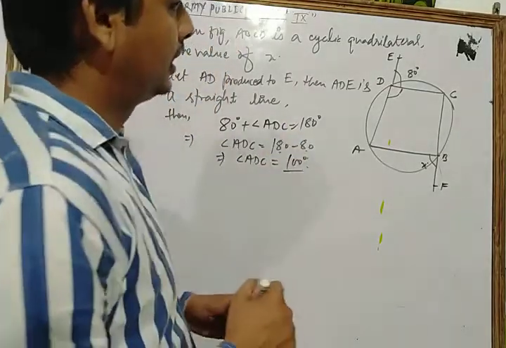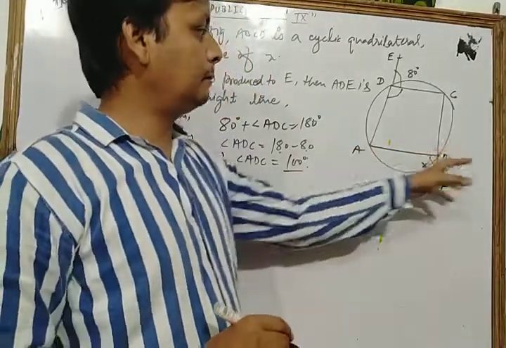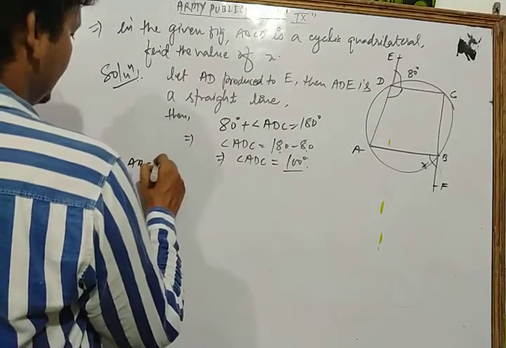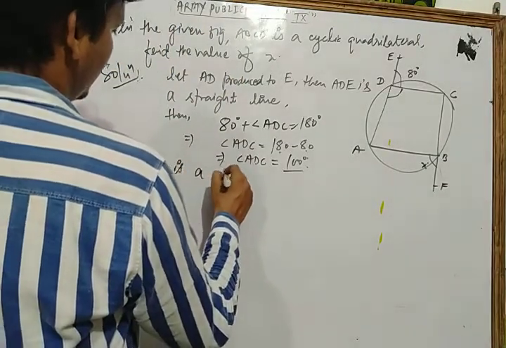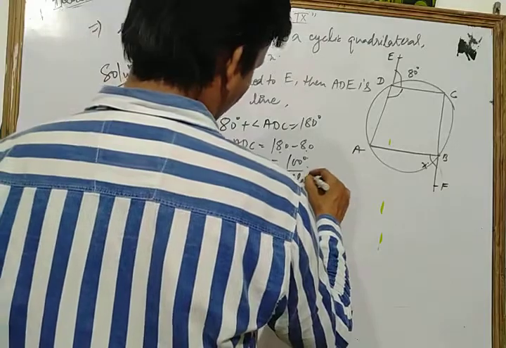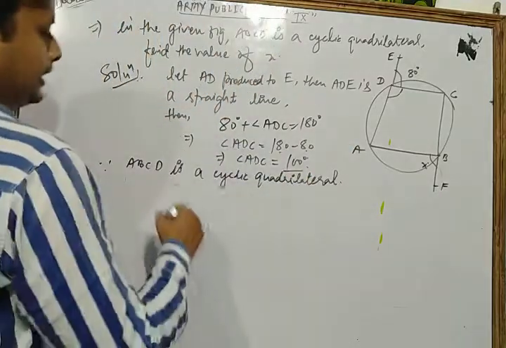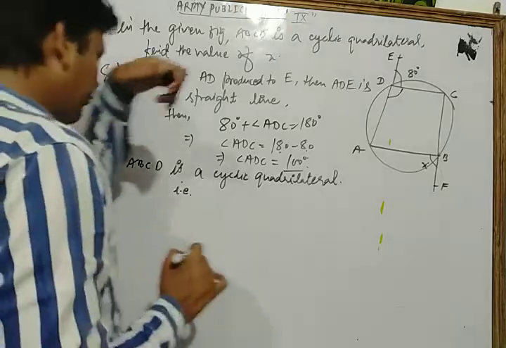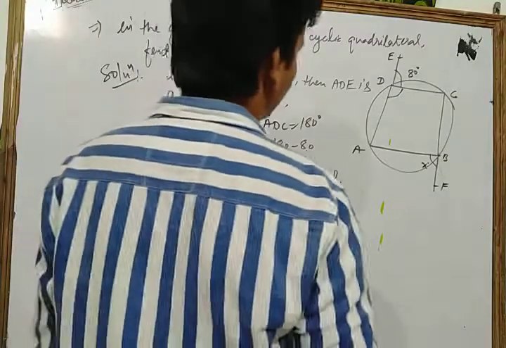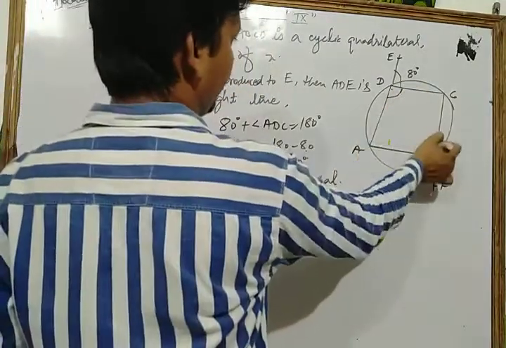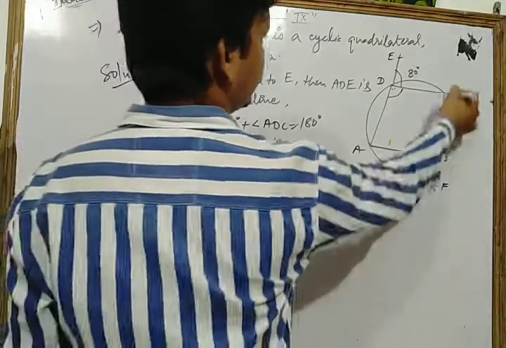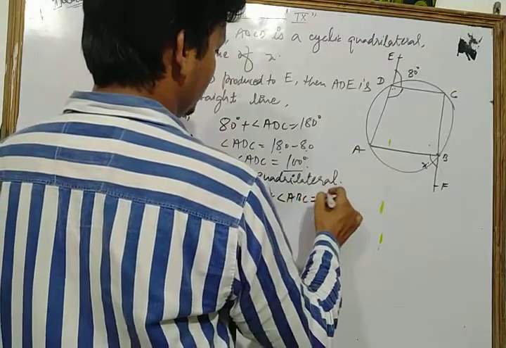Now, dear student, ABCD is also a cyclic quadrilateral. Since ABCD is a cyclic quadrilateral, the sum of opposite angles, that is angle ADC plus angle ABC, is equal to 180.